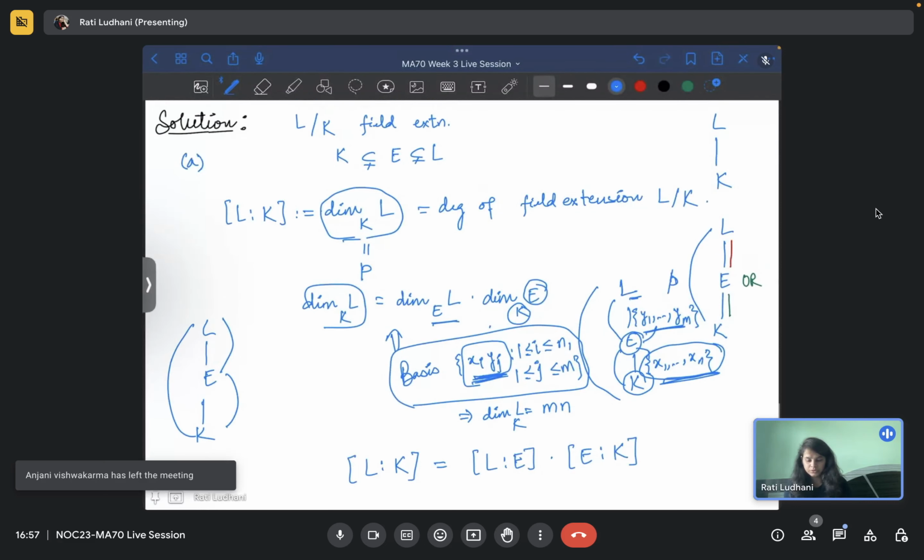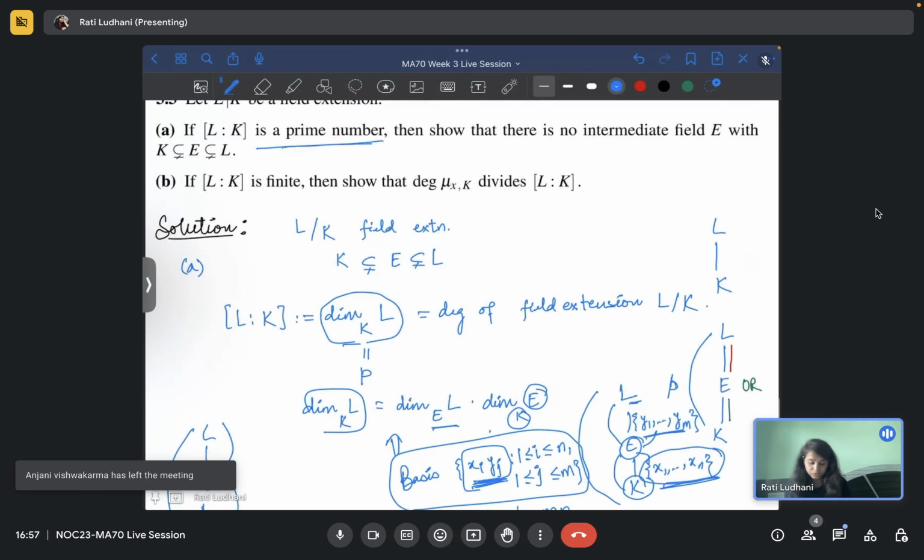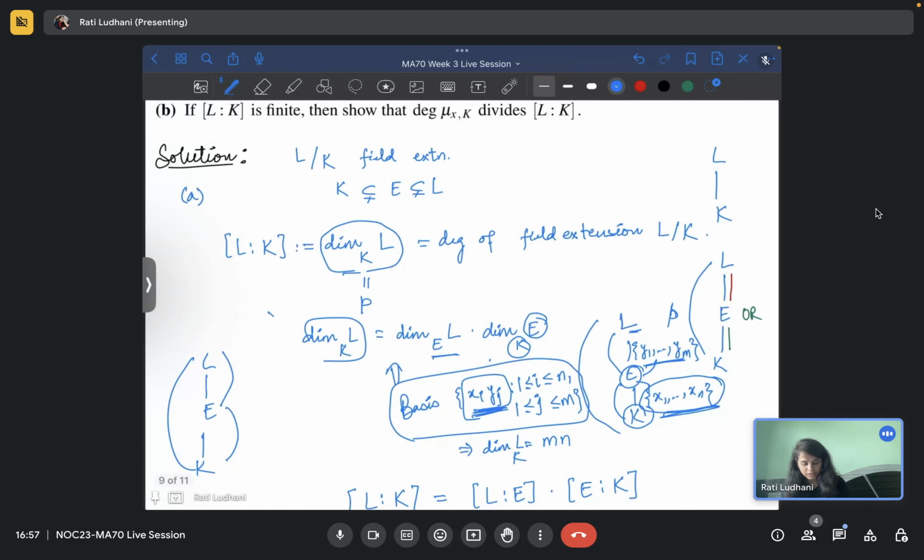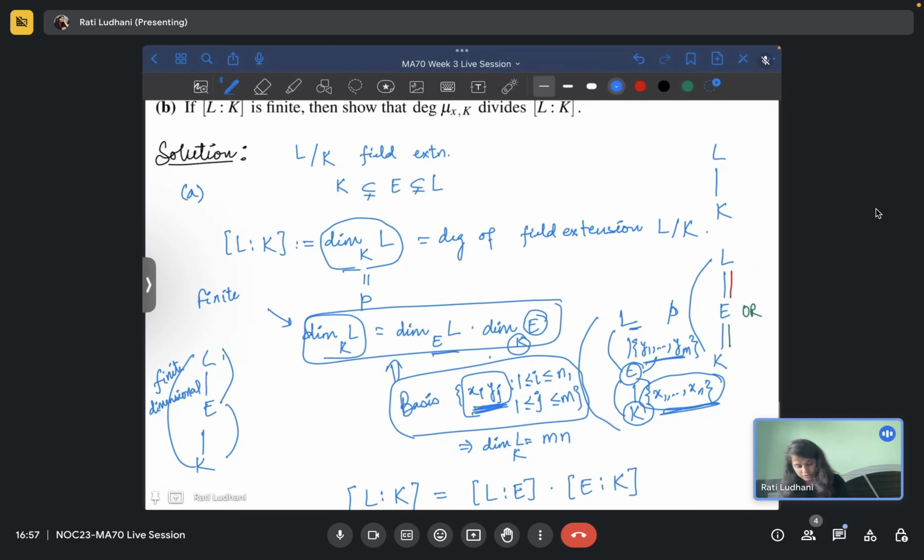This is only allowed when you have a finite extension. So this is true if the dimension of L over K is less than infinity.